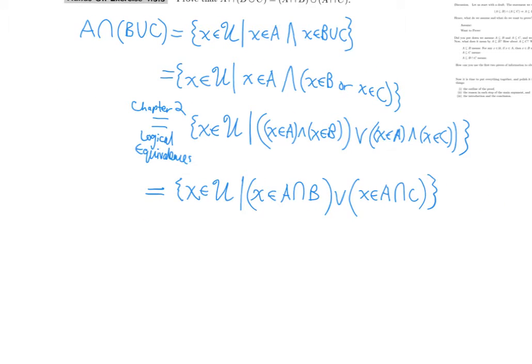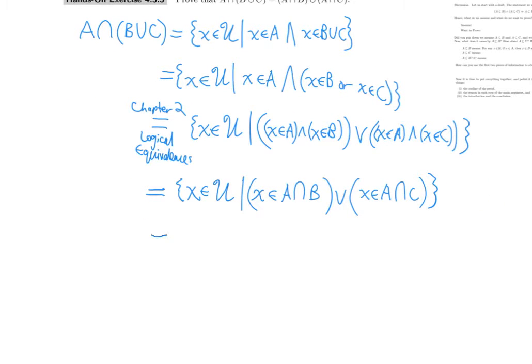Now, remember that when I have the set of X in the universal set such that X is in one set or X is in the other, that's the definition of union.